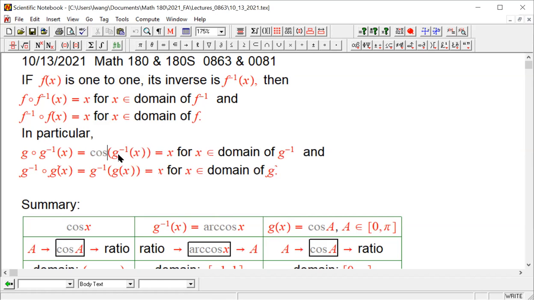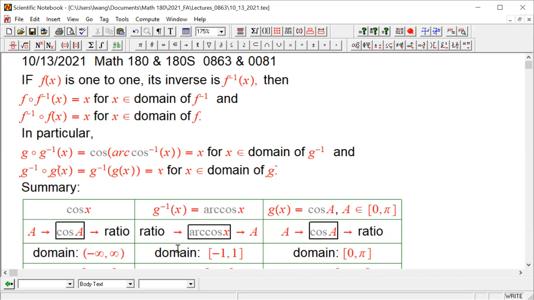What's G inverse? ArcCosine. You see that? And this holds for X in the domain of G inverse. What is the domain of G inverse? Right here. The domain of G inverse is that.